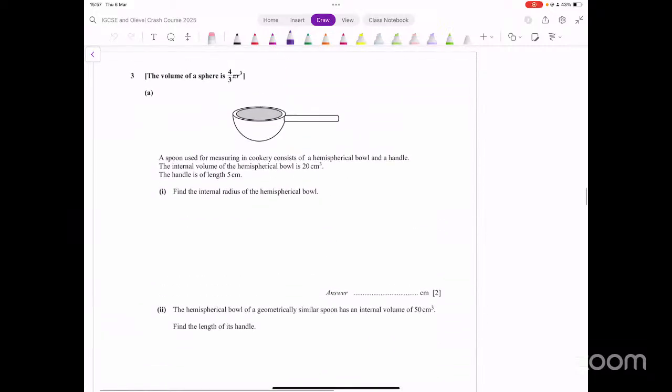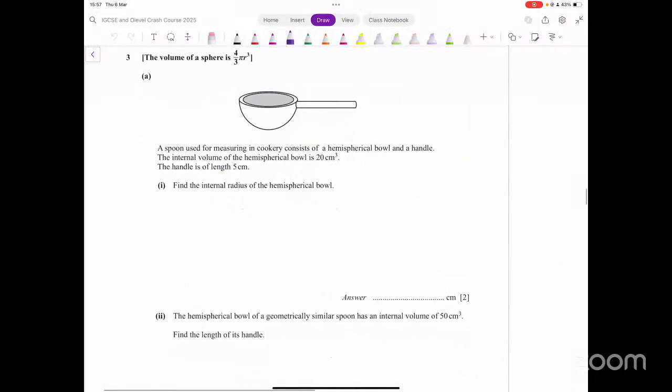Yeah, let's try this. A spoon used for measuring in cookery consists of a hemispherical ball and a handle. You can see that here. The internal volume of the hemispherical ball is 20 centimeter cube. The internal volume is going to be for this hemisphere that has this inner circle as one face.